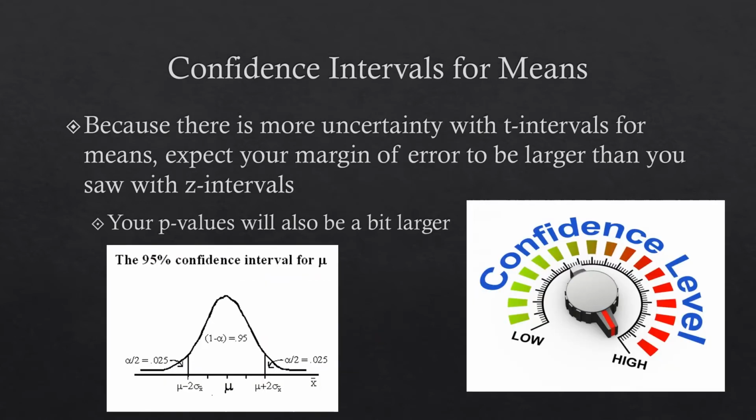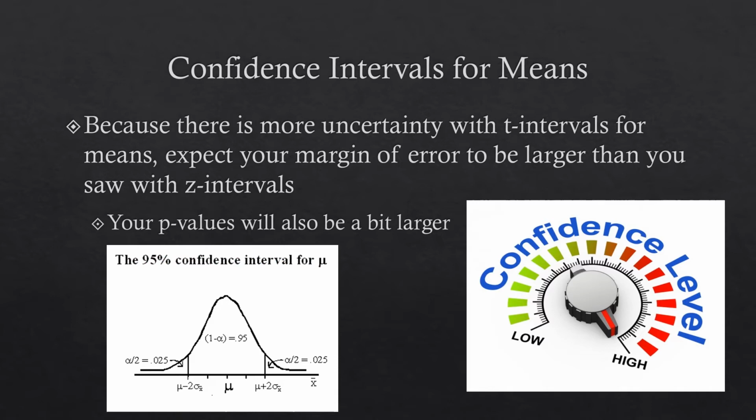As we work more with the t-distribution, you're going to see that as your sample size increases, the shape of the t-distribution becomes more like the normal curve. But if we have a relatively small sample size, it's actually going to be pretty well spread out. So because there is more uncertainty with t-intervals or confidence intervals for a mean, you're going to expect that your margin of error is going to be slightly larger than it was for the confidence interval for proportions.